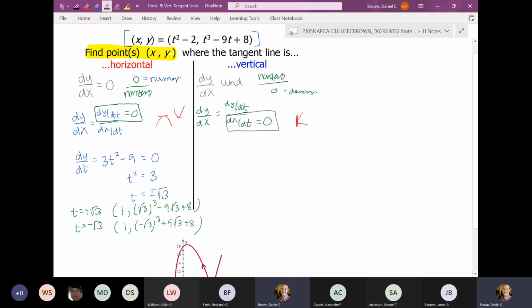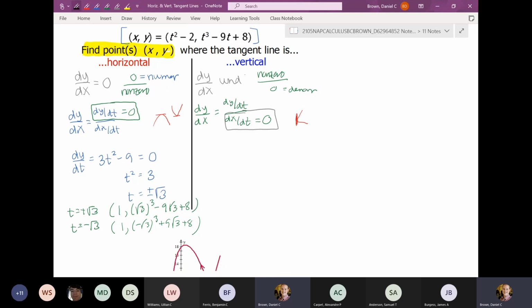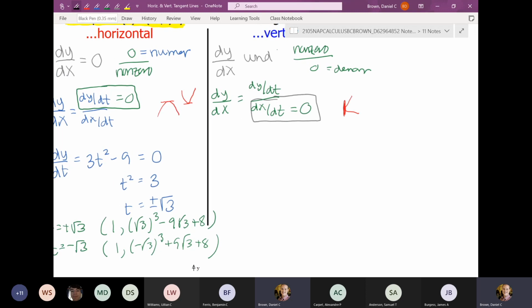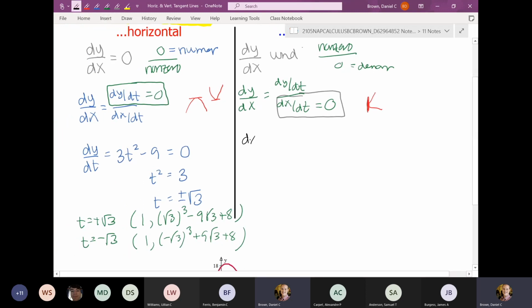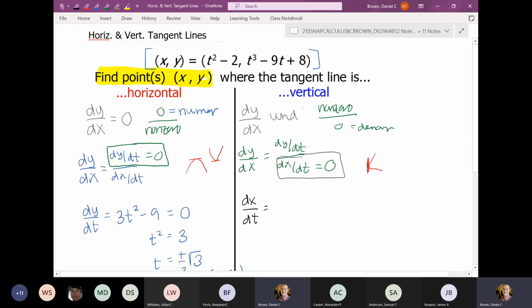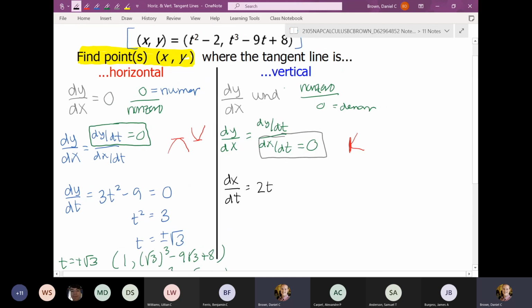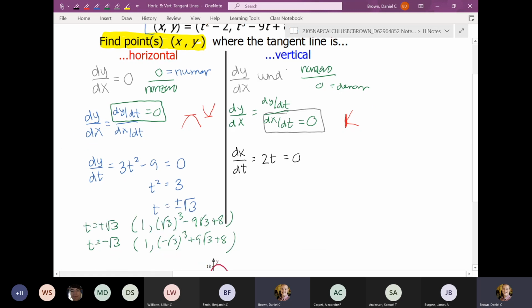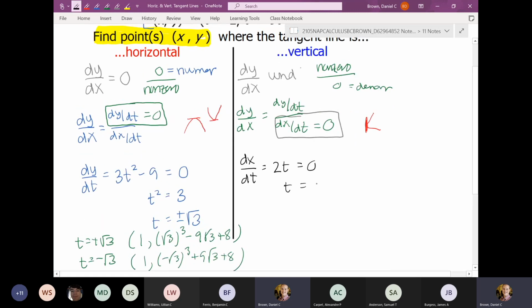And then if I wanted to find where we have a vertical tangent line, similar idea, but we want to find when dx/dt is equal to 0. Well, my x is t squared minus 2, so dx/dt is just 2t. Setting that equal to 0, the parameter where that occurs is t equal to 0.